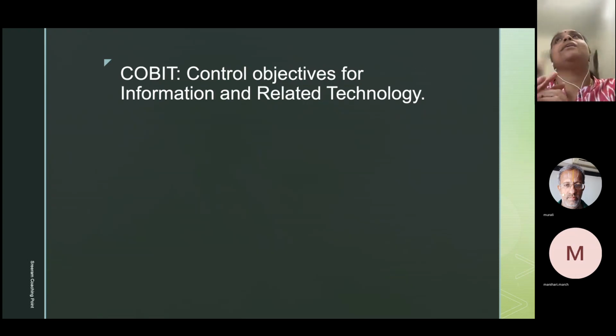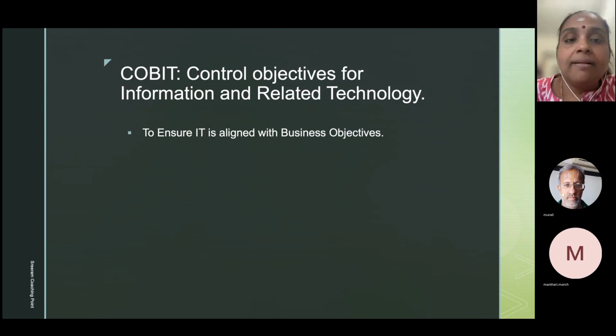And COBIT, just like your accounting standards or your other standards, we have COBIT, which is Control Objectives for Information and Related Technology. Now again, they are objectives to ensure IT is aligned with business objectives. That's the first one. Always the first one in any IT standards, this could be one important point, because your IT should be aligned with your business objectives.